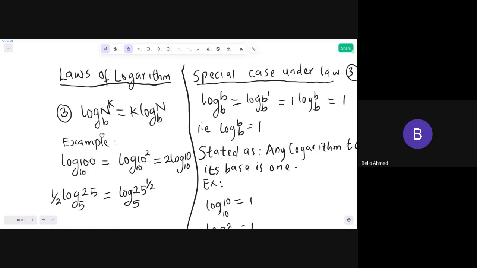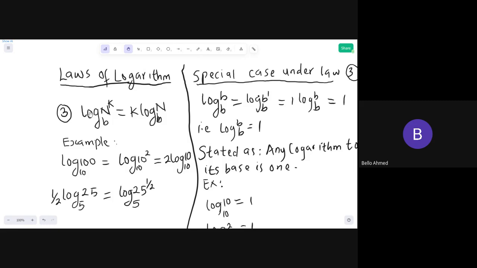So it looks like what we have in the law. The logarithm of 100 base 10 can be rewritten as the logarithm of 10 raised to the power of 2, because 10 raised to the power of 2 is actually 100. You can see base 10.